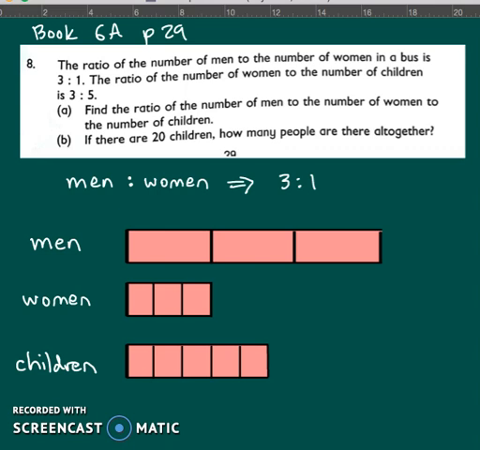And since we've created these smaller units to represent the ratio between women and children, we will have to split up all of our units so that we can compare them equally. So this is going to be less pretty, but I'm going to split each of these units representing men, could be nicer, right?